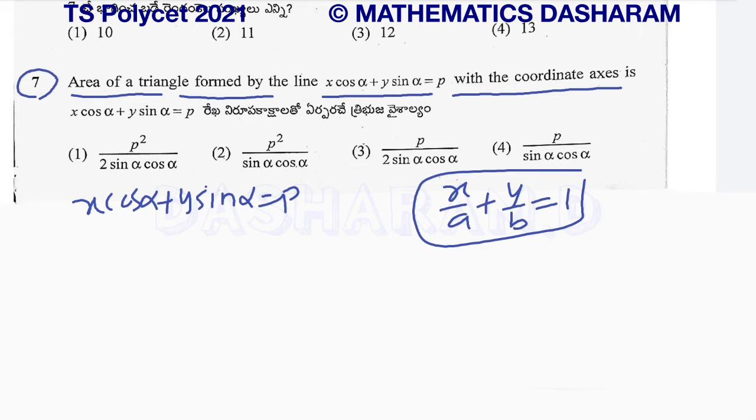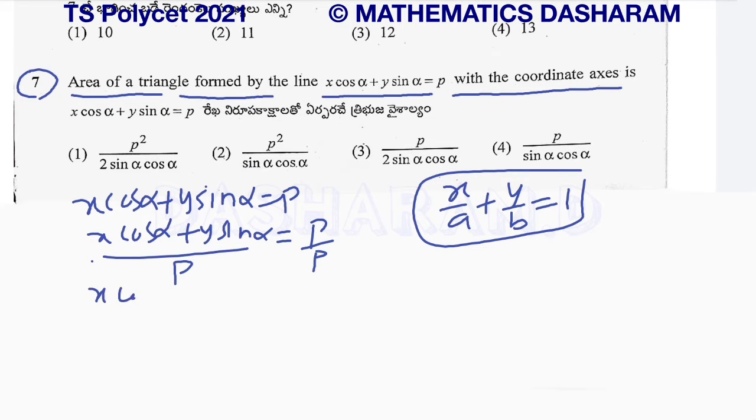So that is why first I am going to divide by p, here p by p. Now split into two fractions: x cos alpha by p plus y sin alpha by p, p by p equals 1.